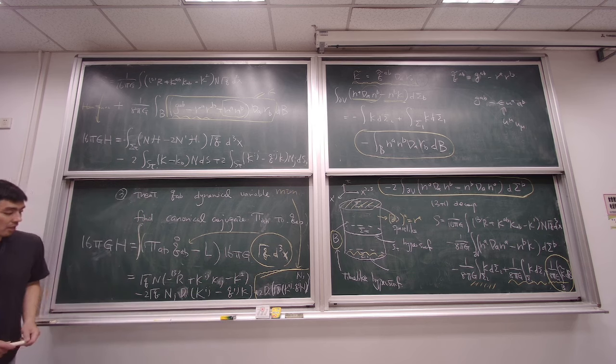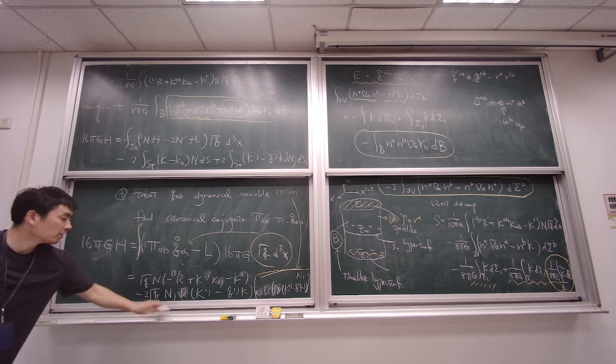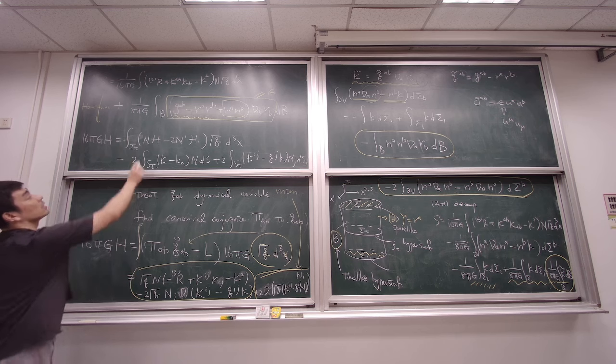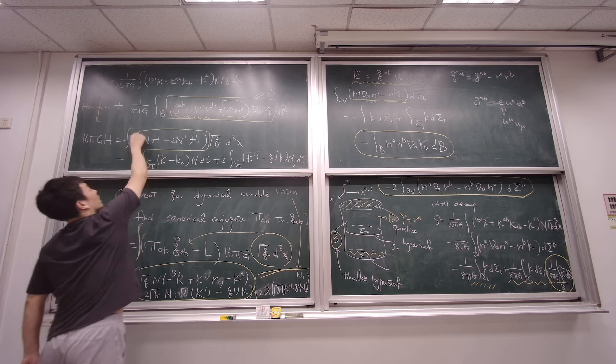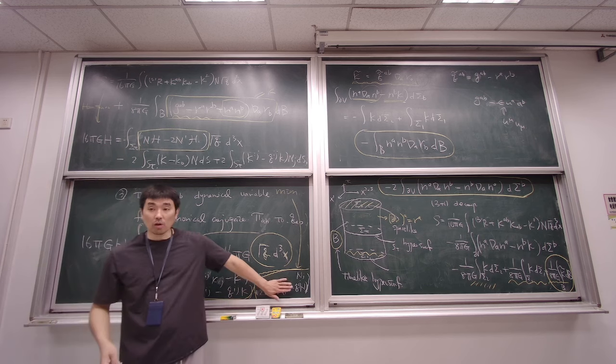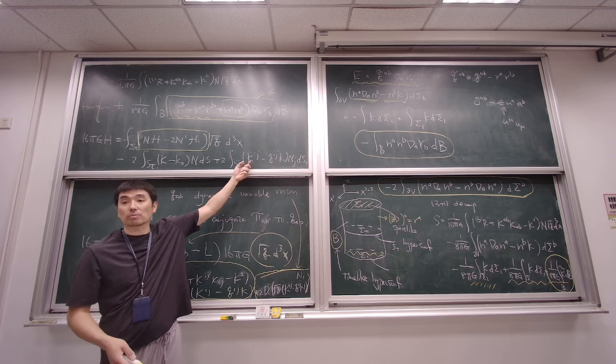Okay, so we know that this guy really corresponds to this guy. But in the previous time we ignored a boundary, and we need to appropriately restore this one, a boundary term like here.